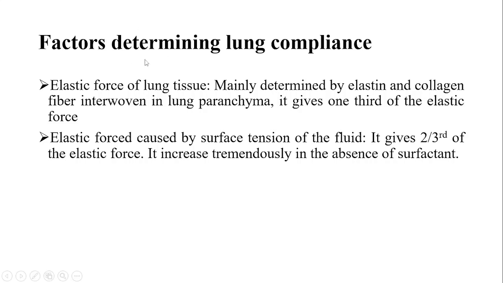The factor that determines lung compliance is the elastic force of the lung tissue. It is actually the opposing factor, because the elastic force of the lung tissue always tries to pull the alveoli away from the chest wall, to recoil. That is called the elastic recoil tendency.